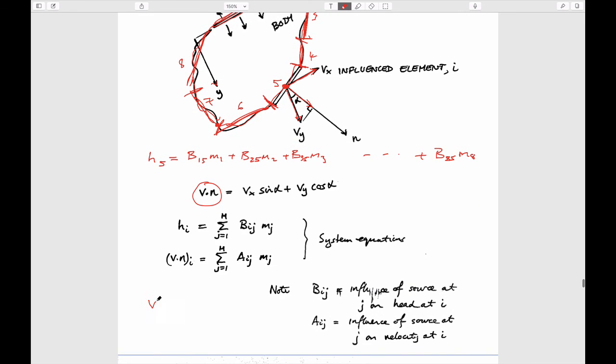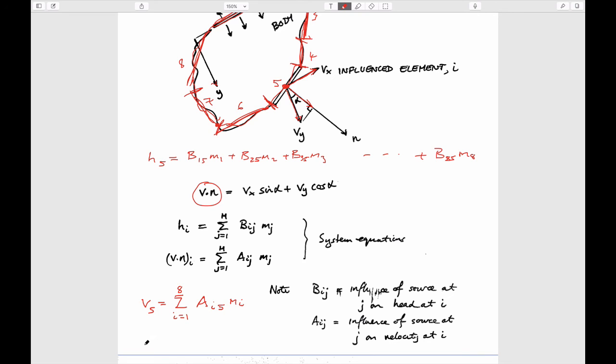So the velocity at location 5 is going to be the sum of all the influence terms, which are A, just using this term here, A_i5 times M_i, with i equals 1 to 8. Just exactly this expression.